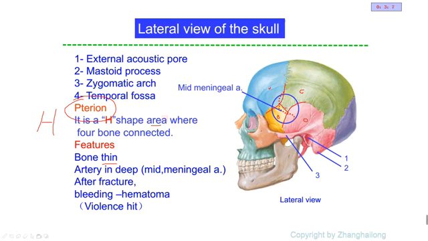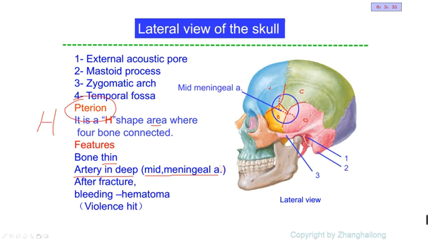And if the bone is broken, what will happen? You know, there is an artery deep in the area. What artery? The middle meningeal artery. Here, you see, there is an artery in the middle of it. If the bone is broken, this artery will be broken.